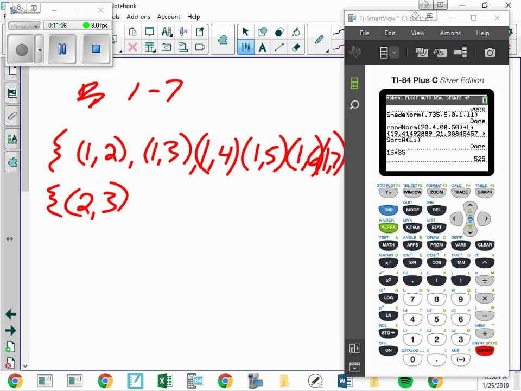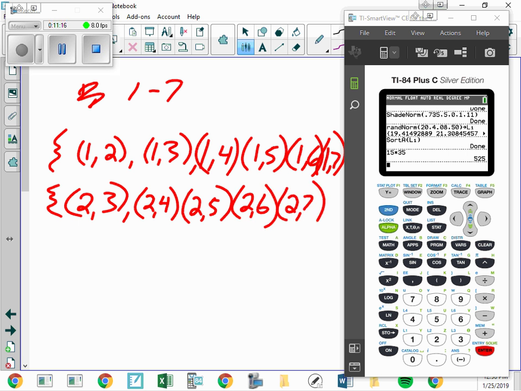Let's finish this row out. 2 comma 4, 2 comma 5, 2 6, and 2 7. What happens on the next row? Oh wait, I don't need this till at the end. So we would do 3 comma 4. Now I'm getting lazy.